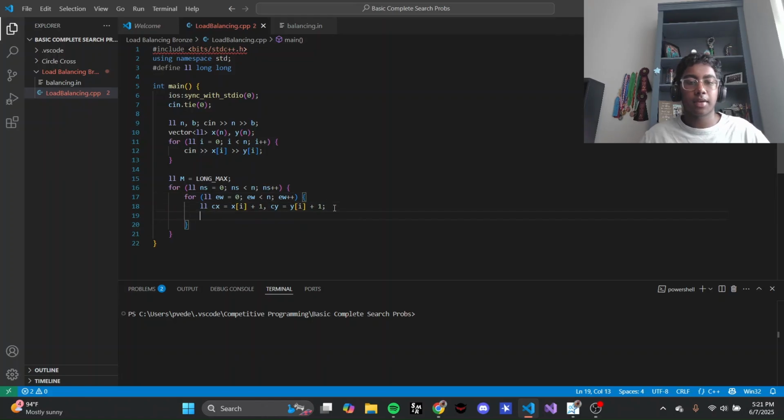Now we have our current fence positions, and CX is the vertical fence and CY is the horizontal fence. I named them X and Y respectively.